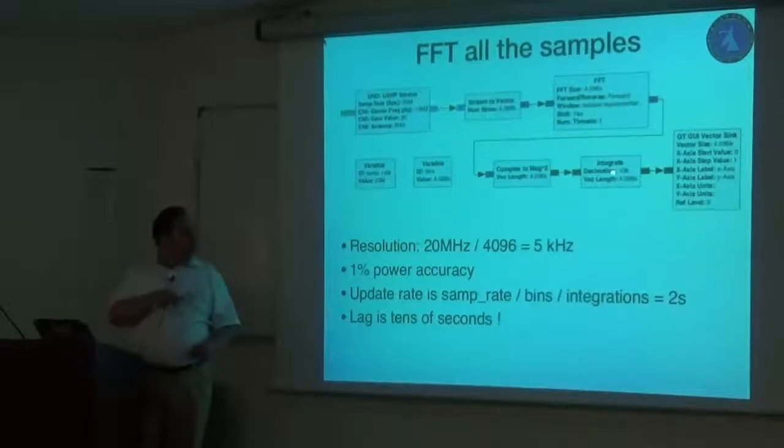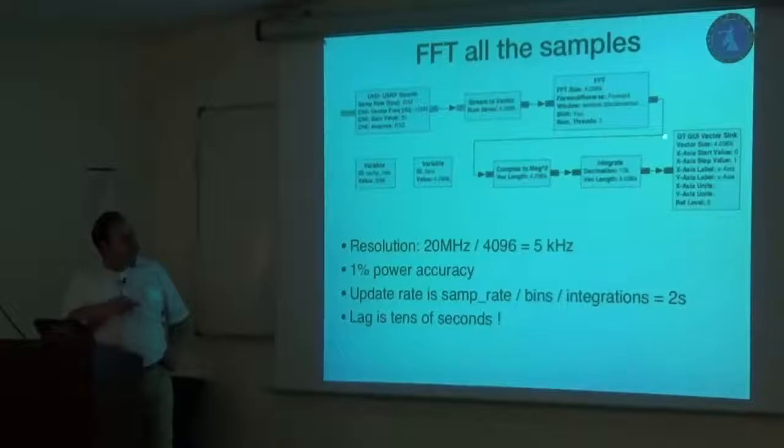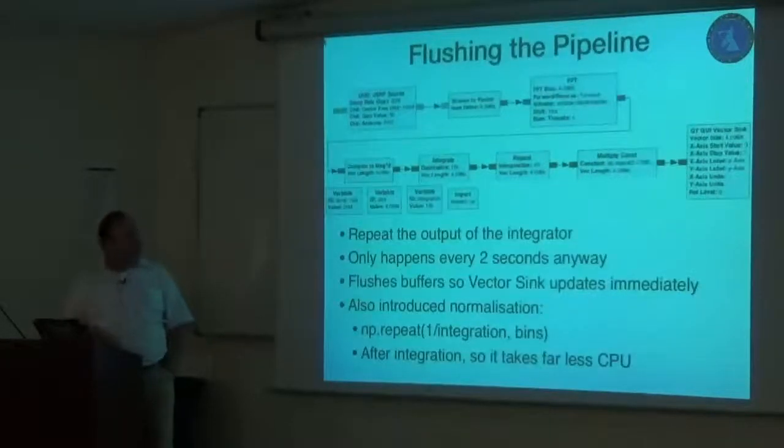However, if you build this, at first it will seem not to work, because it will take maybe up to a minute before, for the first time, you will actually see your samples or your FFT. The reason for that is we need to flush the pipeline. GNU Radio, in order to be efficient with your computing resources, does everything in blocks.